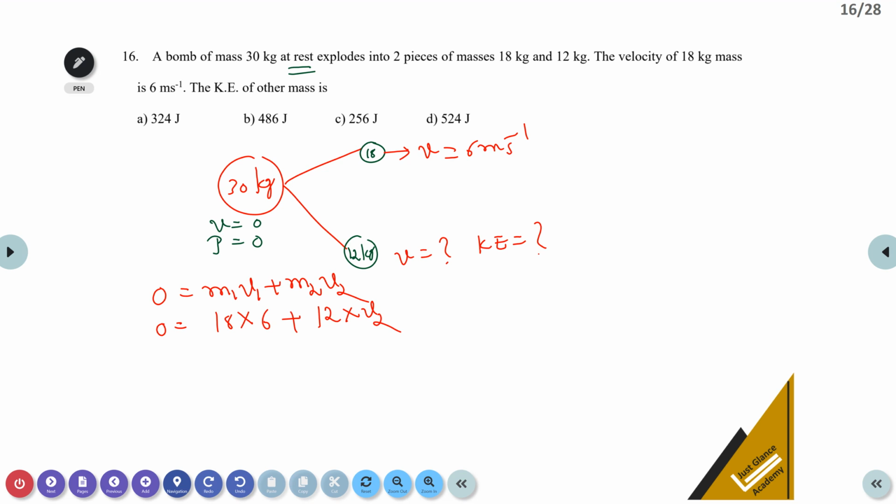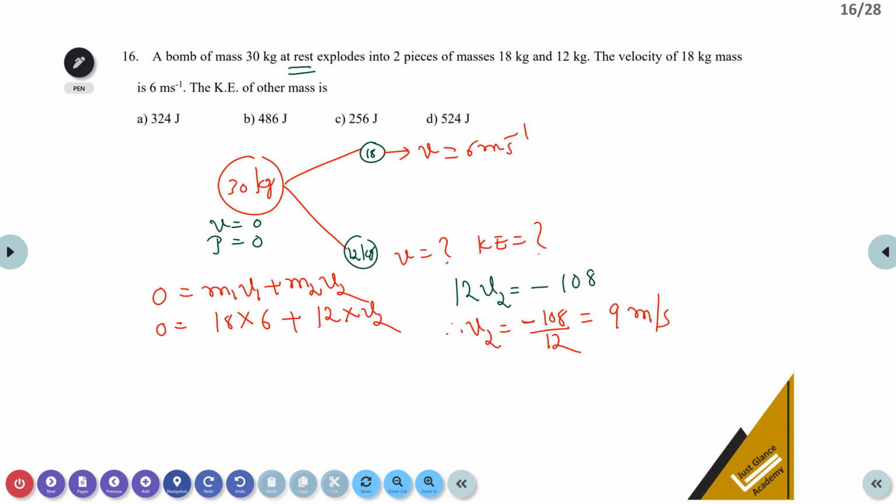Now multiply it: 12 v2 equal to minus 108. Therefore v2 equal to minus 108 divided by 12, which is 9 meter per second.